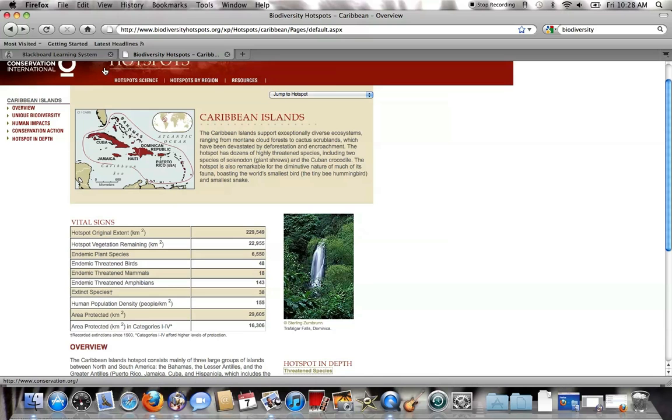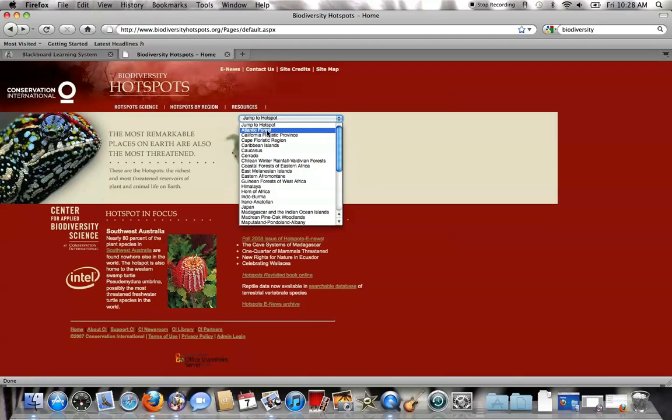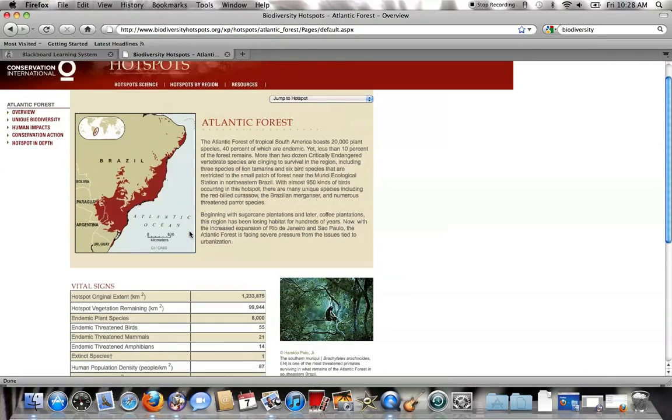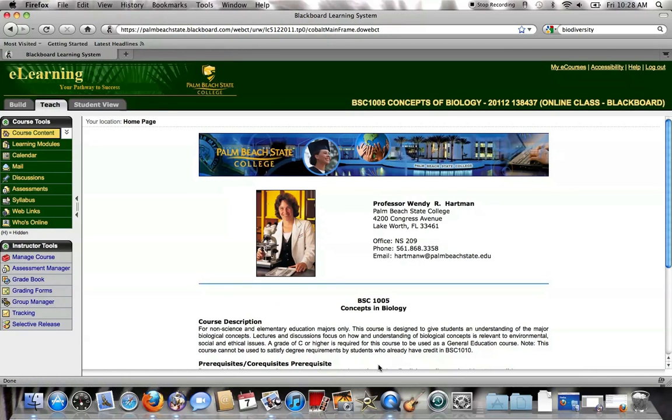You can go in different areas. There's some places here. Atlantic forest, Brazil, South America. All right, I'd like you to do that.